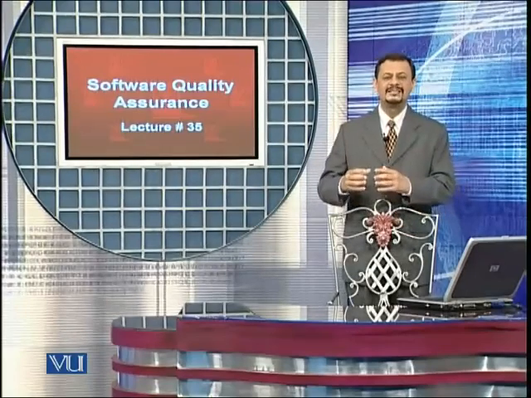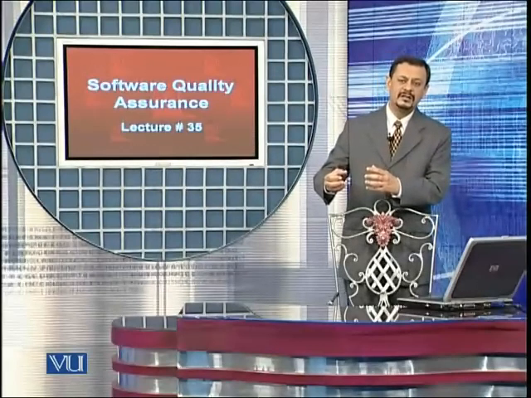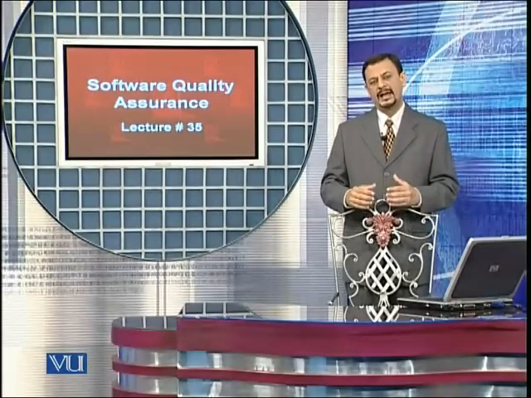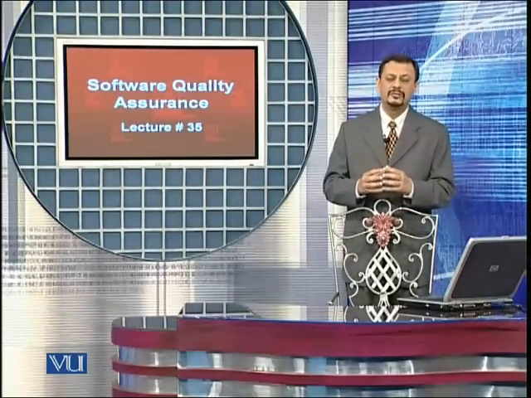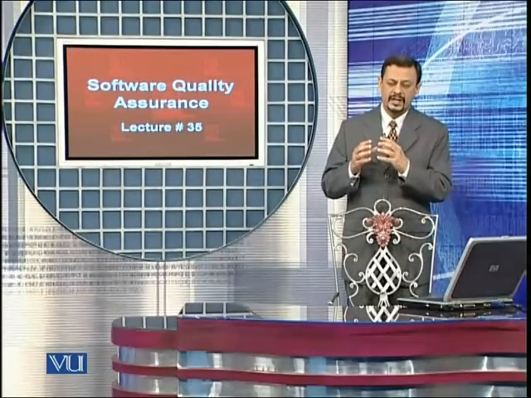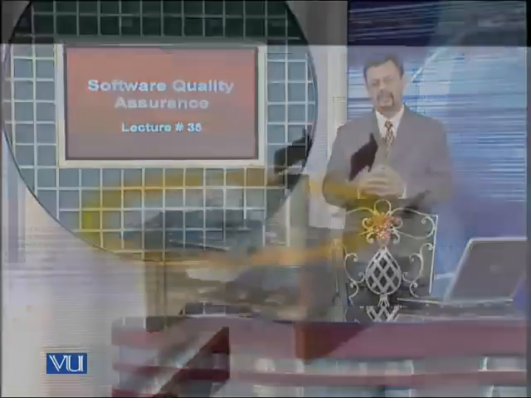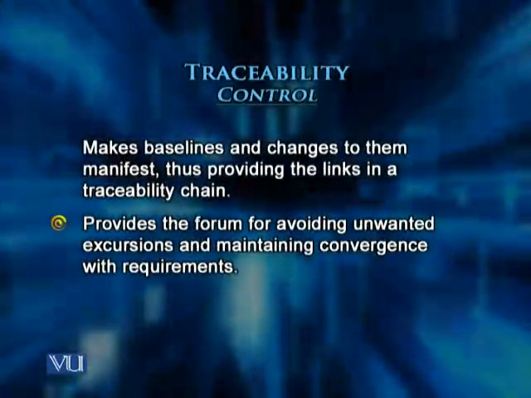And so the contents in the new work product can be traced to the contents of the previous version. So we are linking the two configuration items, and that way we are creating the traceability links. It also provides the forum for avoiding unwanted excursions and maintaining convergence with requirements.